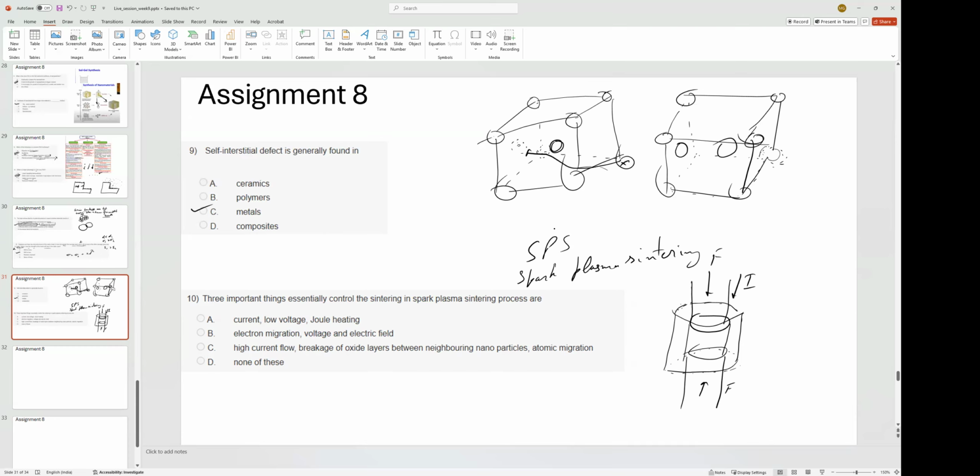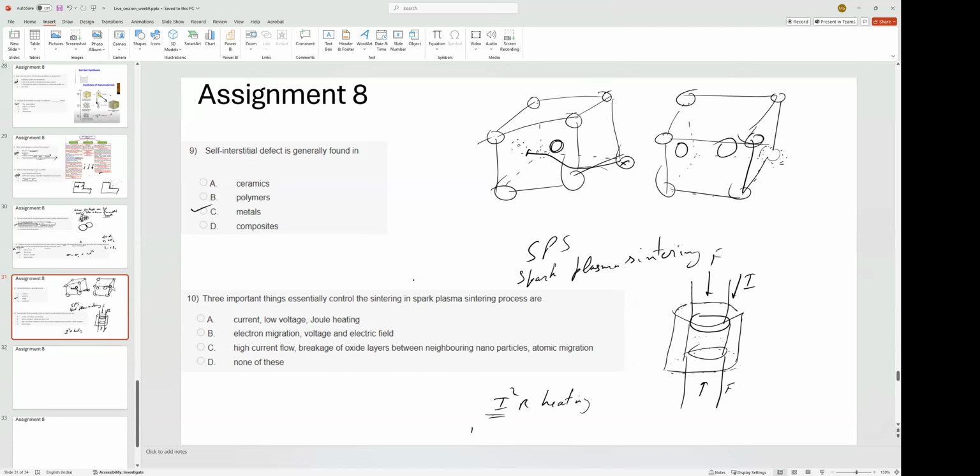This current will have your I squared R heating. So if you want to heat this powder to almost the melting temperature, you need very high currents.